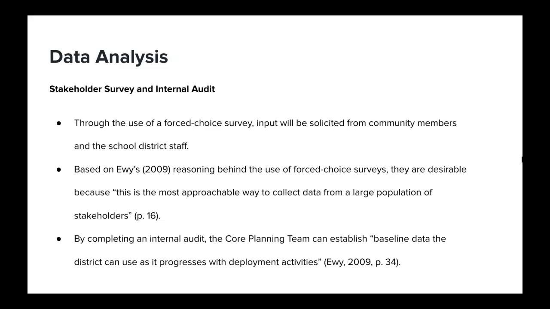And then by completing an internal audit, the core planning team can truly establish that baseline of where the district is at. And as it works toward the actual deployment of the strategic plan, that is very, very important to keep in mind. So the analysis of the data is entirely up to the core planning team.